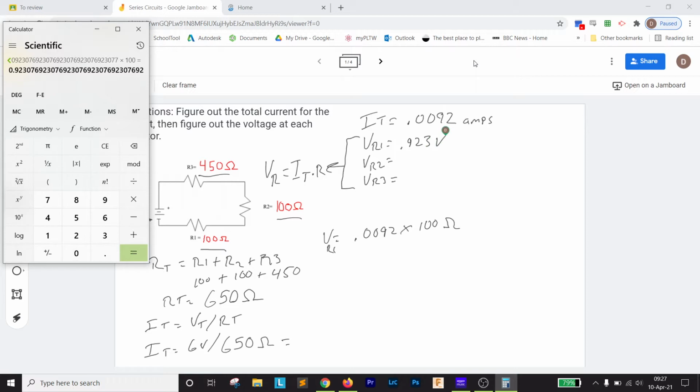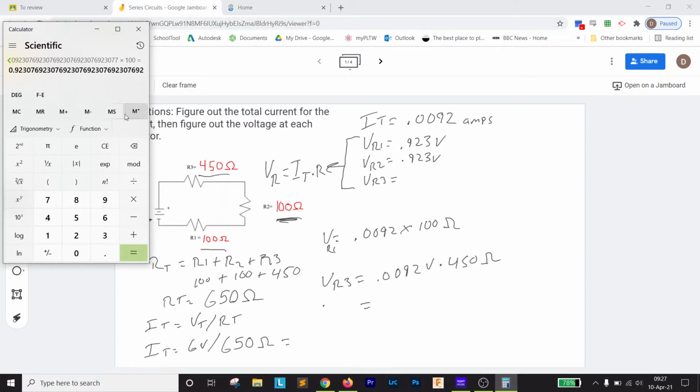Volts. The second one is exactly the same, so I don't have to do the math for that. It's 0.923 volts again. And then voltage at R3 equals 0.0092 times 450 ohms.